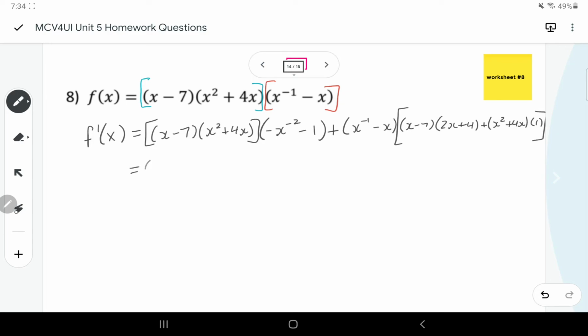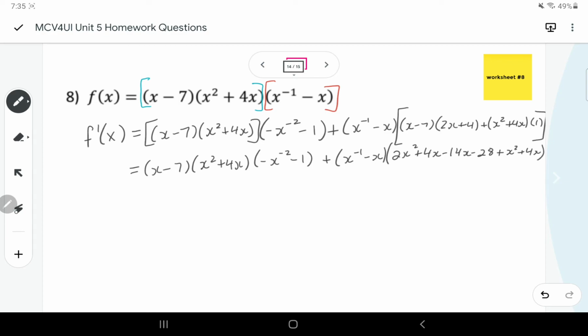Now cleaning things up as much as I can, which I don't know how much that's going to be. Definitely in this big square brackets, I'm going to FOIL stuff out and see if I can collect like terms and clean that up a little bit. So this would be 2x squared plus 4x, was that a 7? Minus 14x minus 28 plus x squared plus 4x.